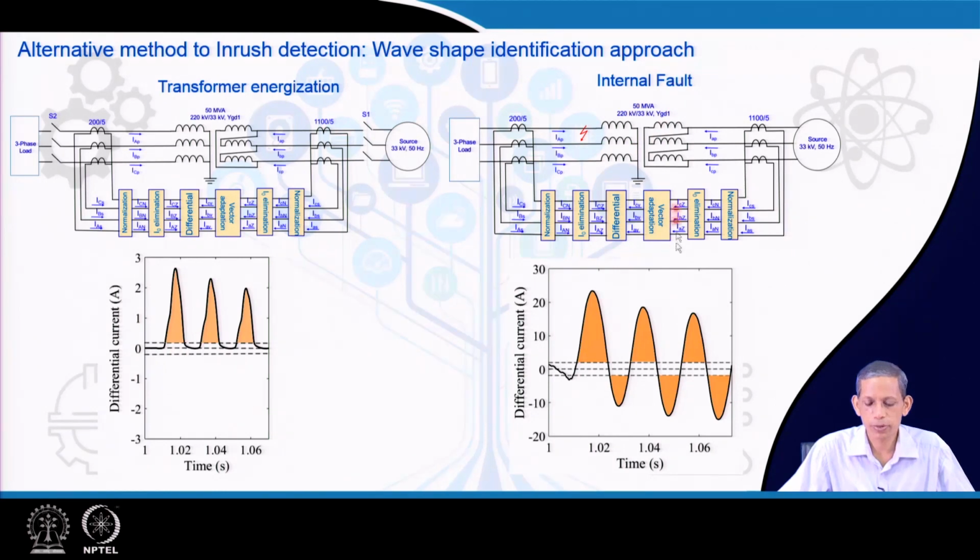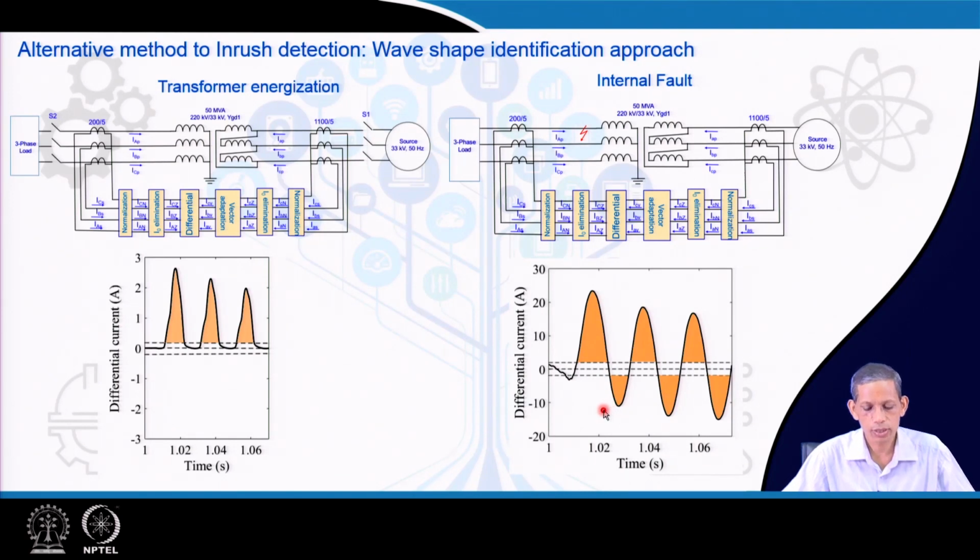When an internal fault happens, the current pattern has a decaying DC and may be very close to sinusoidal with some certain DC offset. So, what is being done here: if you see, we put dotted lines, a threshold both in the positive and negative, and the hatched portion is nothing but the area under the curve above that line in the positive half and also in the negative half.